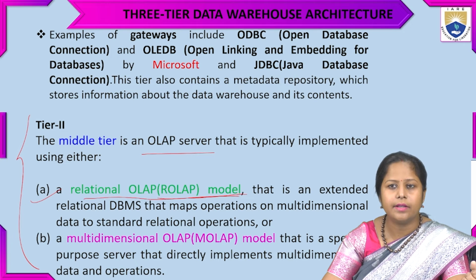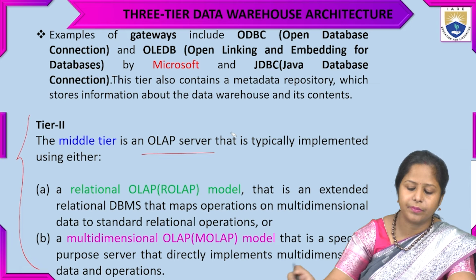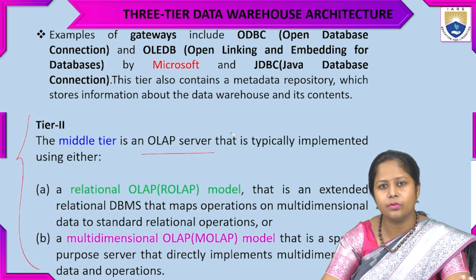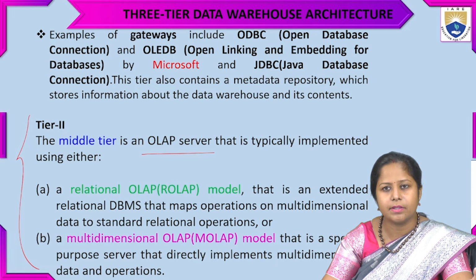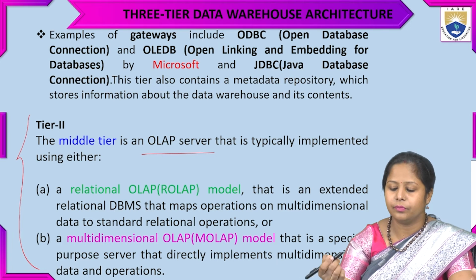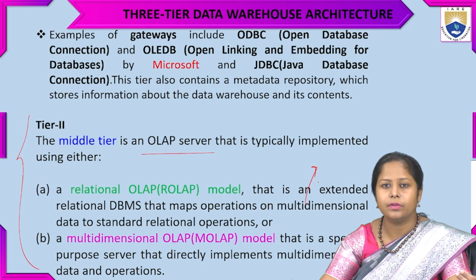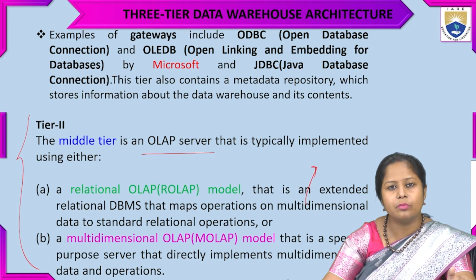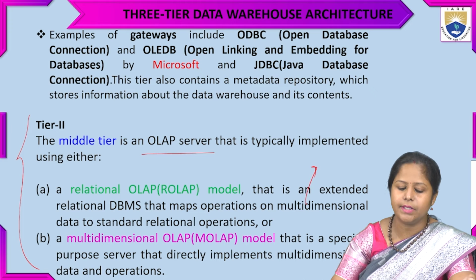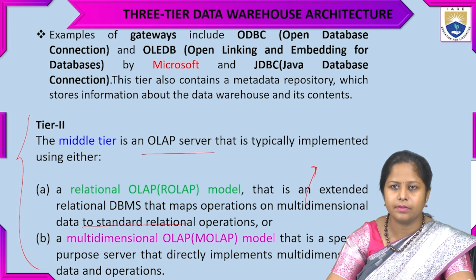It is an extended relational database management system that maps operations on multi-dimensional data, so that by using the ROLAP model we can map the operations on this data onto standard relational operations.